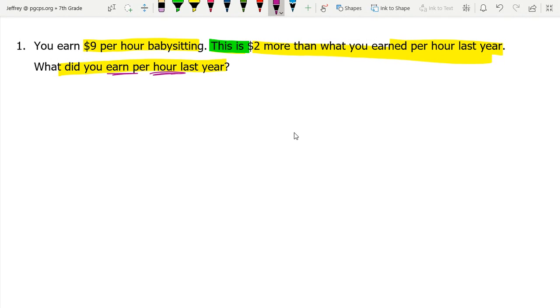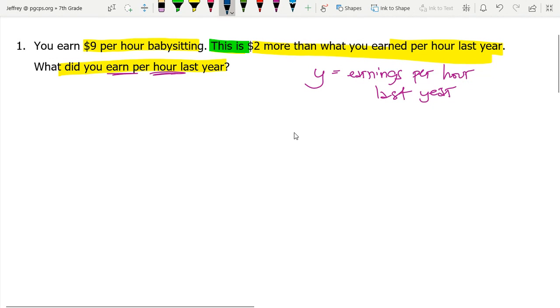So let's represent y for earnings per hour last year. Okay, so we need to identify what our variable is. So y represents the earnings per hour last year.